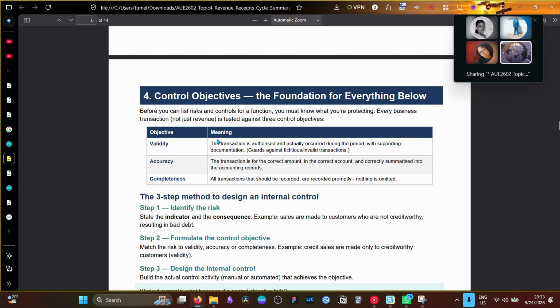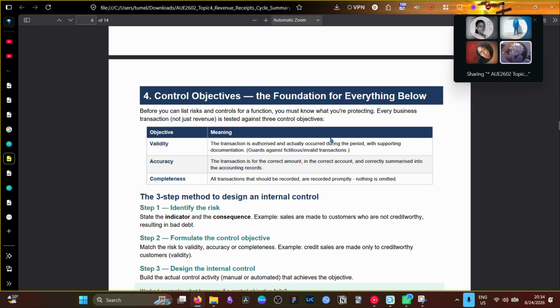Every business transaction, not just revenue, is tested against three control objectives. One, validity: the transaction is authorized and actually occurred during the period with supporting documentation, so it guards against fictitious or invalid transactions. So we want to check if that transaction is actually valid.